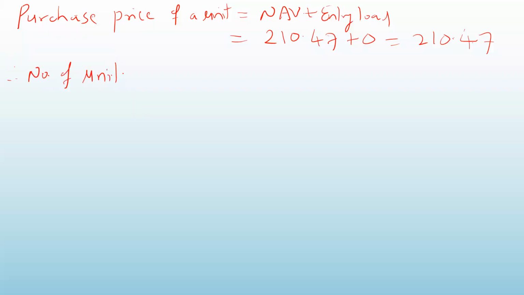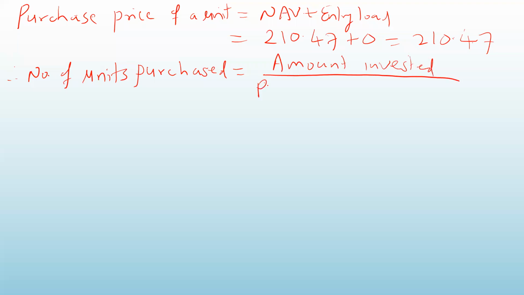Now find out the number of units purchased. Number of units purchased is equal to amount invested divided by purchase price of 1 unit. How much amount was invested?